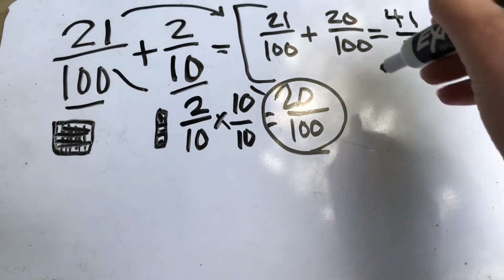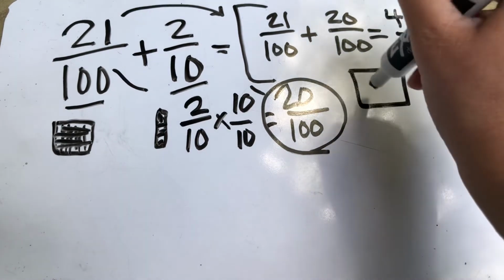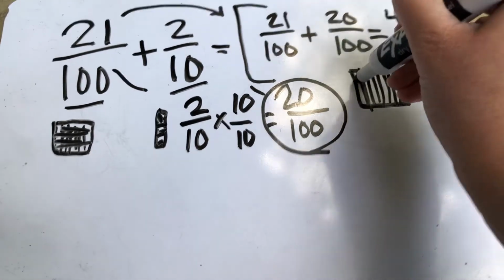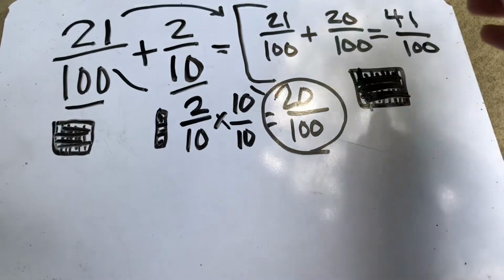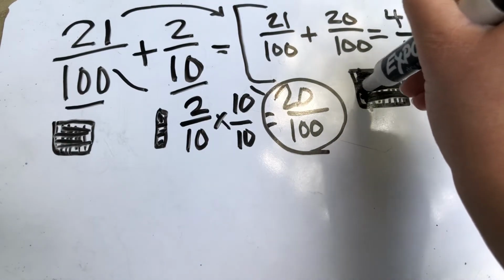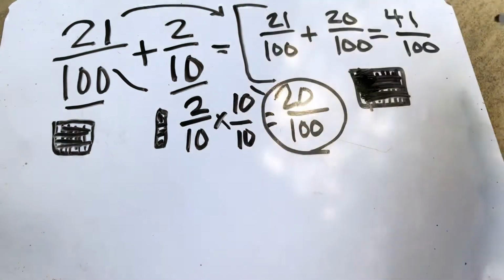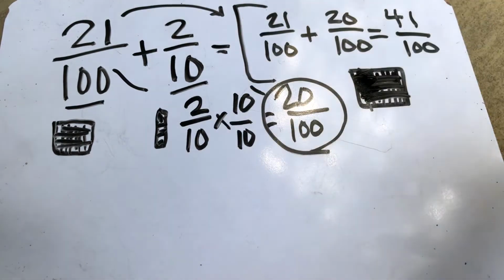And so when you have a flat that's divided into 100 parts, I know I'm not doing it, I'm just showing you, 41 of those would be shaded in. And so you converted this so you're able to show this on here. That's 41 100ths.